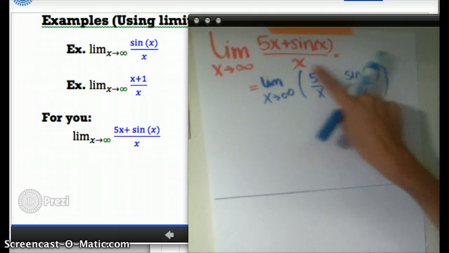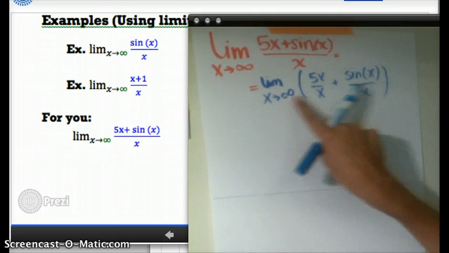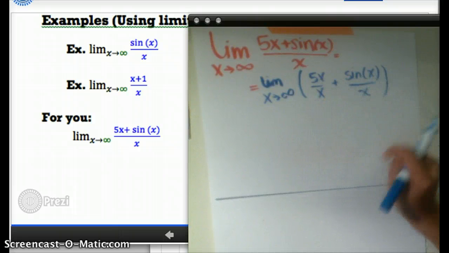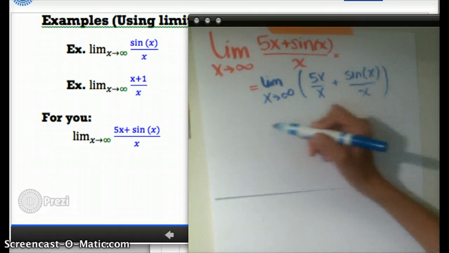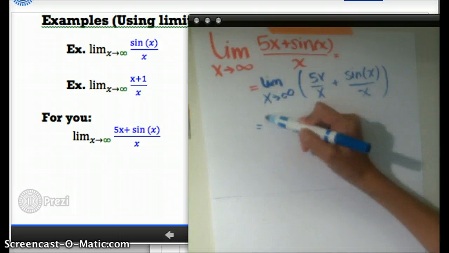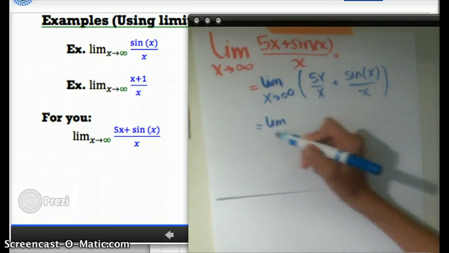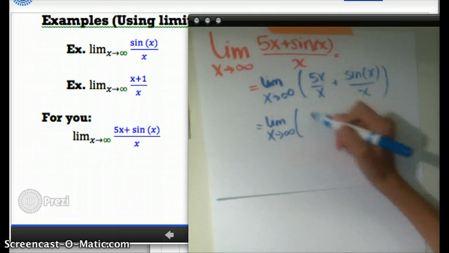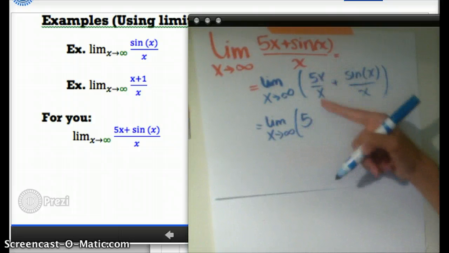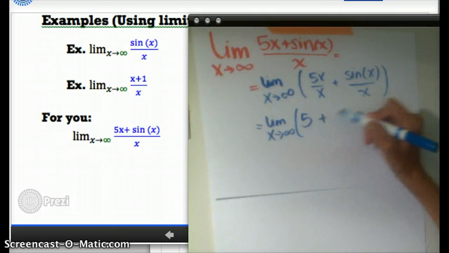Right now, I'm still unsure about this because plugging in infinity and dividing it by itself is nonsense. You can't do that. But there's a little bit of algebra I can still do because x divided by x is really just 1. So actually, instead of 5x over x, I can continue to algebraically manipulate this, and in fact, 5x over x is really just 5.